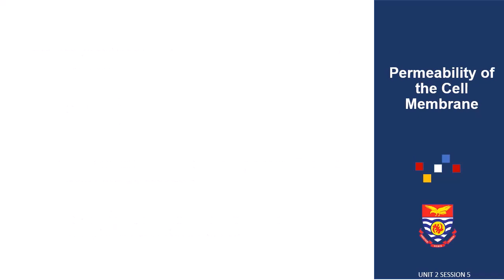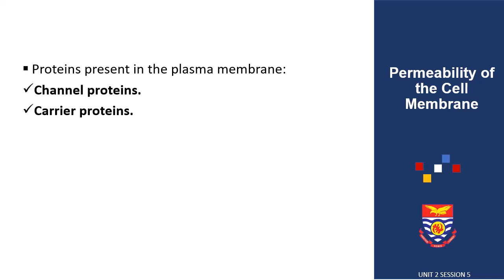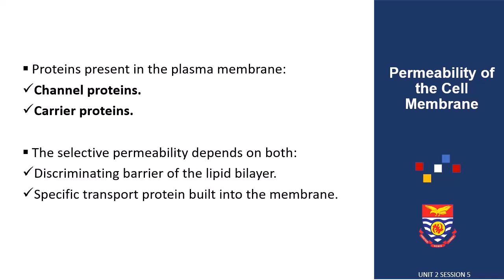Two main types of proteins are found in the plasma membrane, and these are channel proteins and carrier proteins. So the selective permeability property of the plasma membrane will depend on the discriminating barrier of the lipid bilayer and the specific transport protein that is found in the membrane.